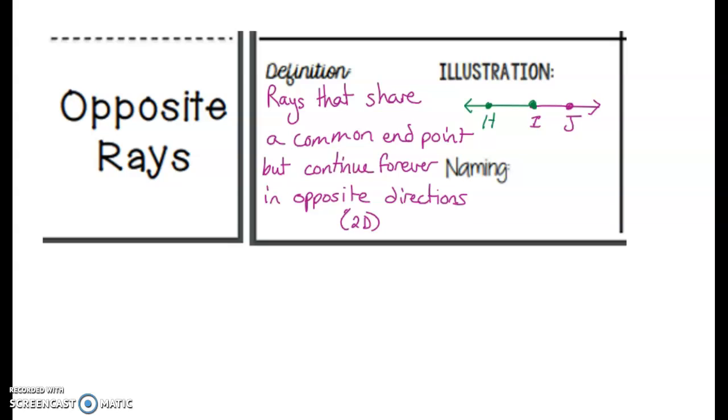And that's going to be called IH, because I have to name the endpoint first, and the endpoint is I. And then going in the other direction, I had IJ. There's not really a symbol to denote that they're opposite rays. We would just say IH and IJ are opposite rays. Together they form a line, but they can also be talked about as opposite rays.